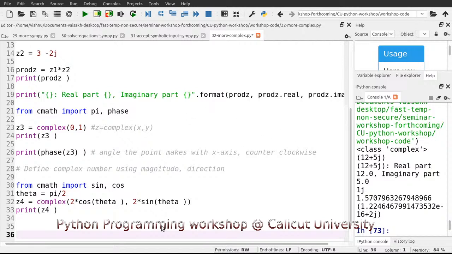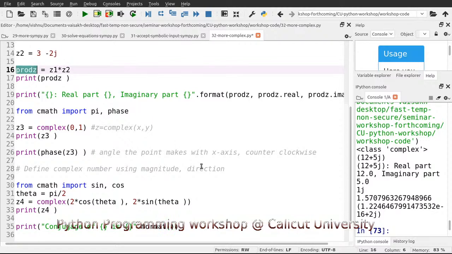And the conjugate also can be defined the same way. Conjugate can be computed, not defined, computed. Conjugate of these. So which number should we take?